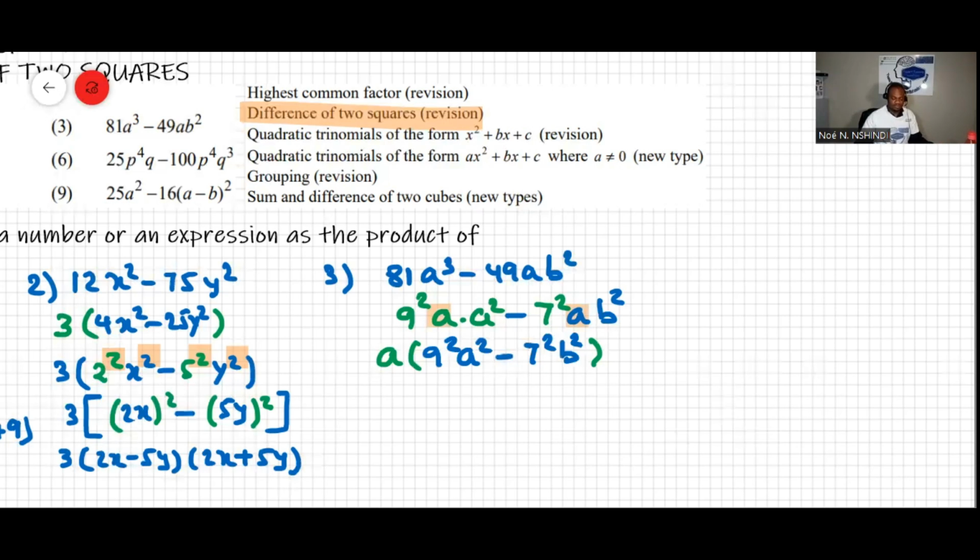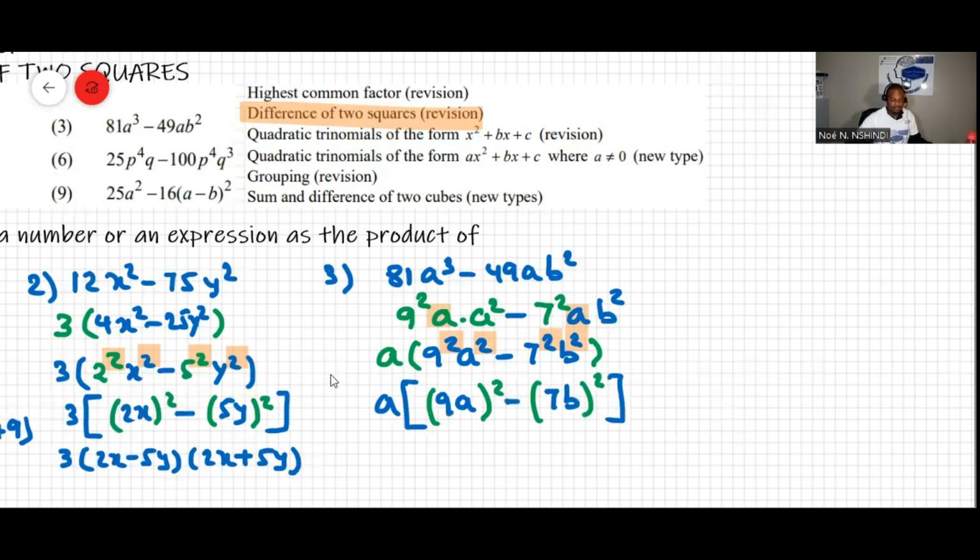Now these can be grouped. So we will have a open square bracket, one power of 2 there and another power of 2 there, just like 9a squared minus 7b squared.